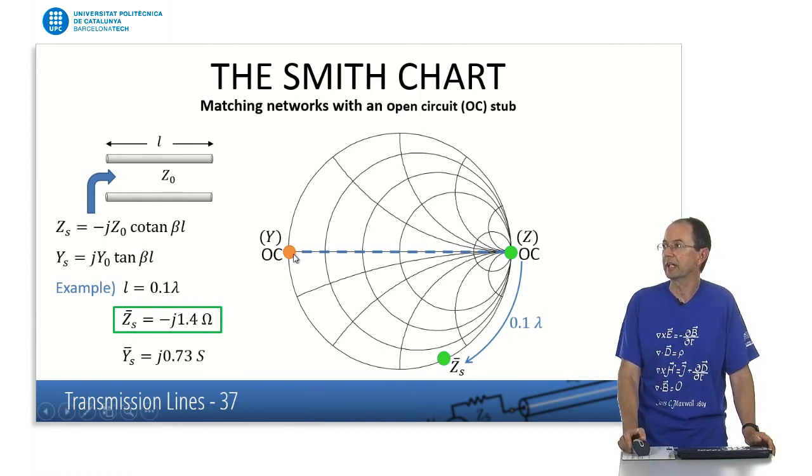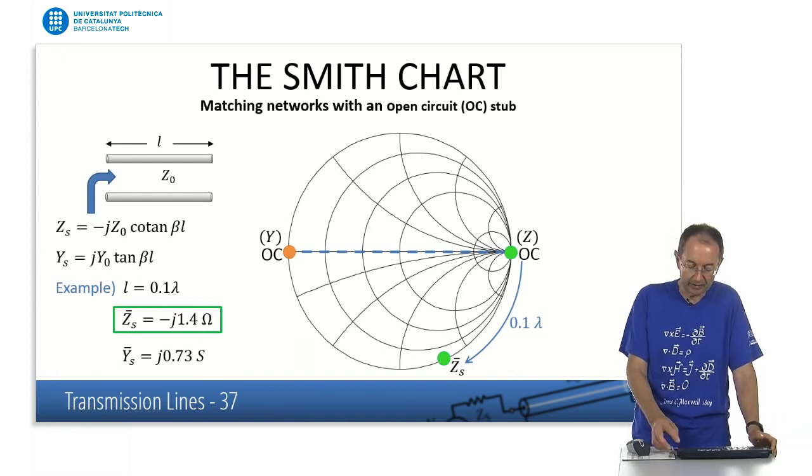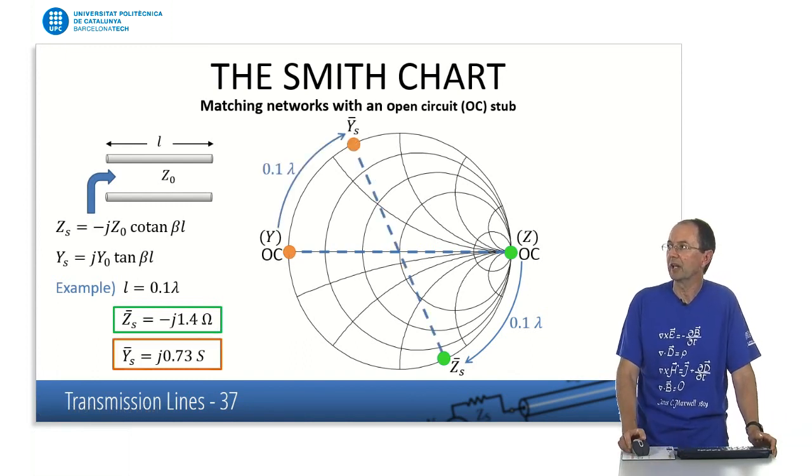So, okay, we can start from the open circuit here. We have a zero admittance at this point in a Smith chart when it's used as an admittance chart, and then we do the same. We rotate 0.1 lambda towards the generator, the same sense as before, and we get the admittance at the input.